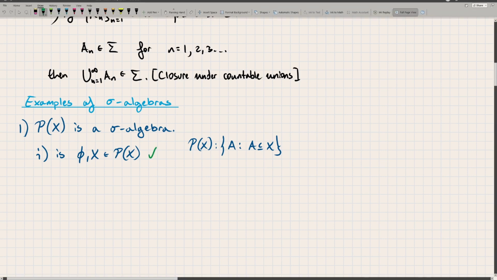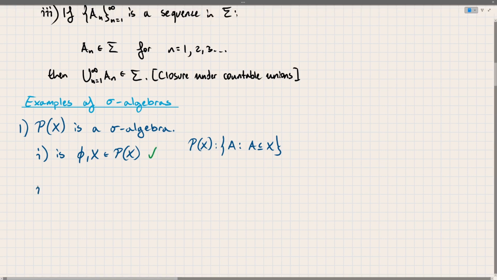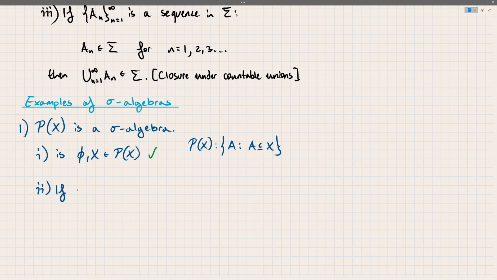So this one is good. Let's verify the second condition. If we are given that A is an element of the power set, is A complement an element of the power set? Again, going back to the definition, all we have to ask ourselves is, if I'm given a subset of X, is its complement with respect to X a subset of X?